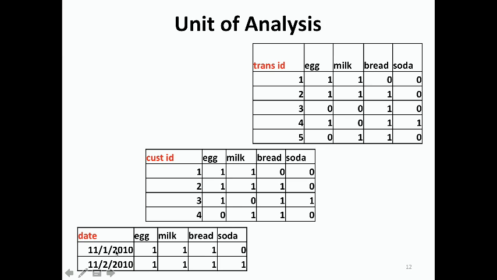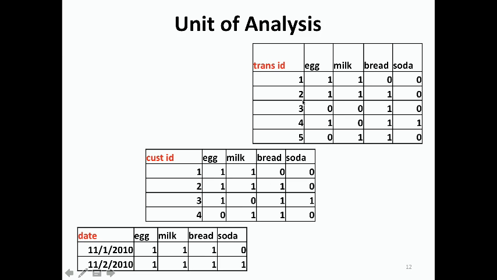If you're interested, as a store, in seeing whether on a certain day certain products tend to be bought together often, it could be Monday, Tuesday, Wednesday, Thursday, Friday, or weekends, and you can consider grouping by dates.